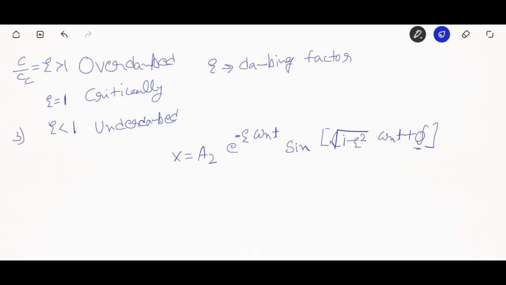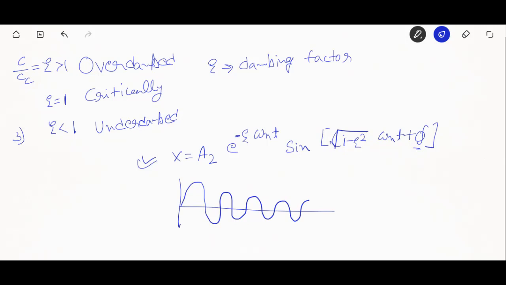Another thing we can conclude from this solution is that it involves a sine function as well as an exponential function. If we try to draw it, we can see that e has a negative power, and if you plot the sine curve, it will look like this. Just for the sake of explanation, we can draw it like this, and certainly it is going to decrease.